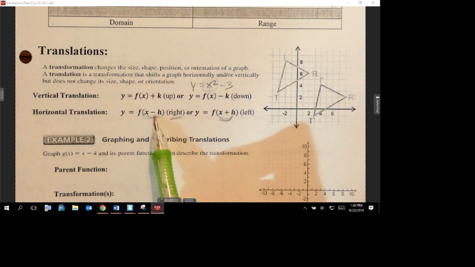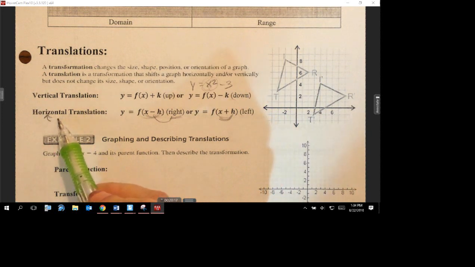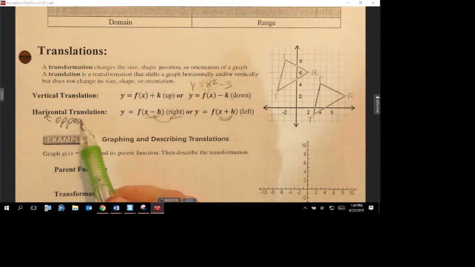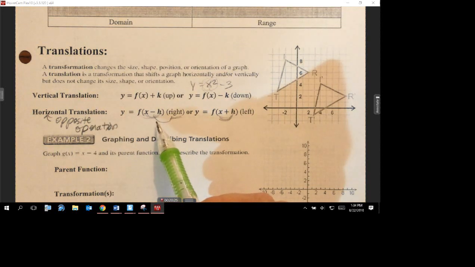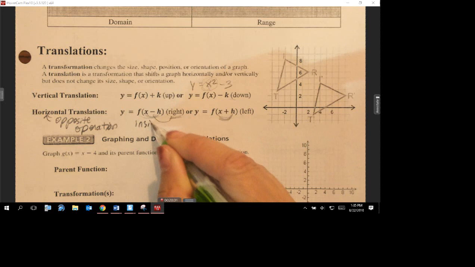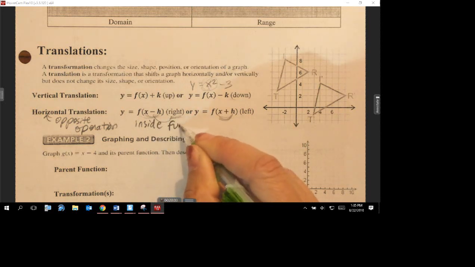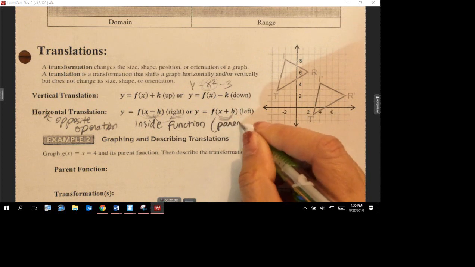This is opposite of what you would think. Horizontal is always the opposite operation of what you see here. It's always inside the function, which might mean parentheses.